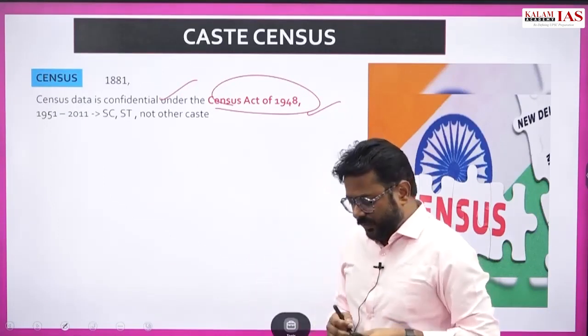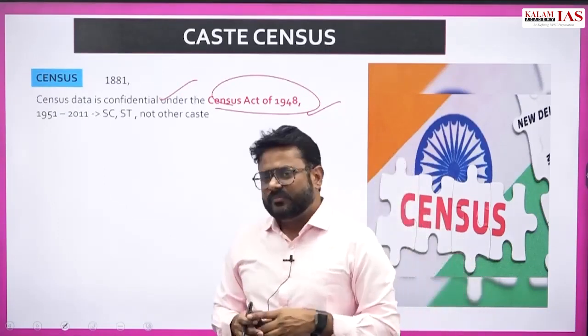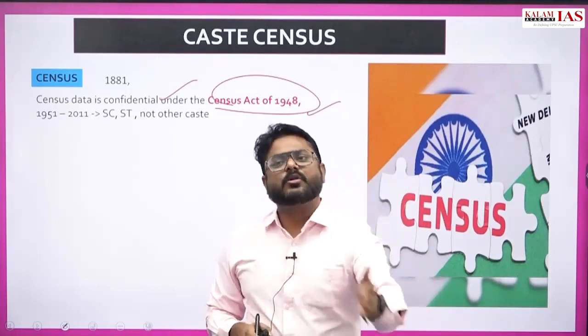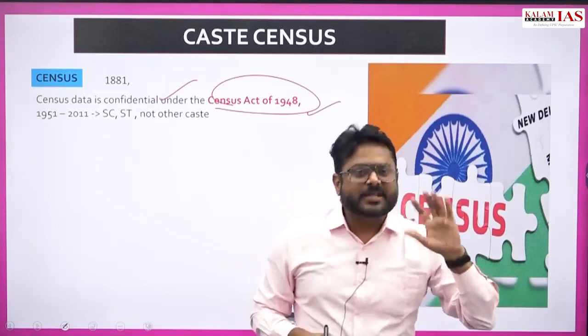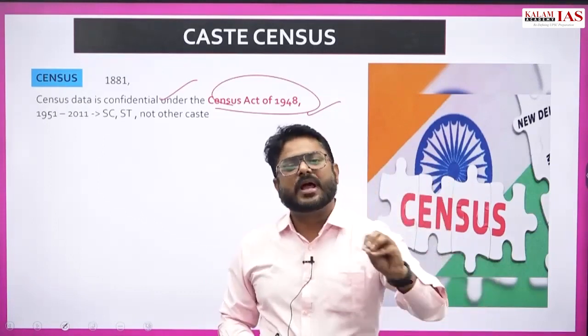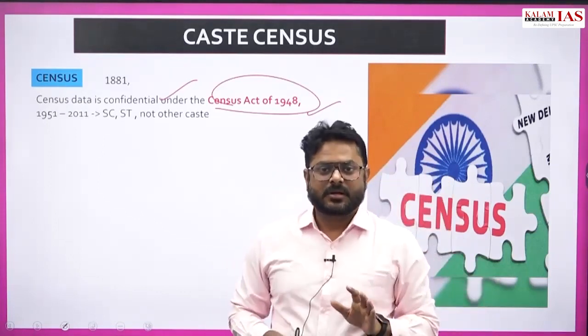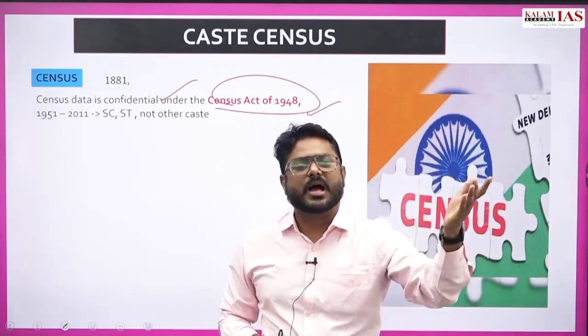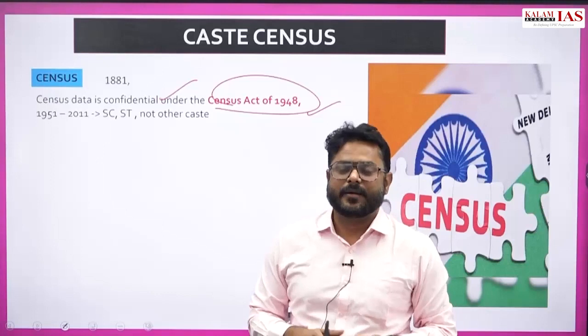So you must understand that from 1951, after the independence, from 1951 to 2011, government has only collected data for the scheduled caste and scheduled tribes population, not other caste, means other backward class or the general category caste, they have not collected, right.